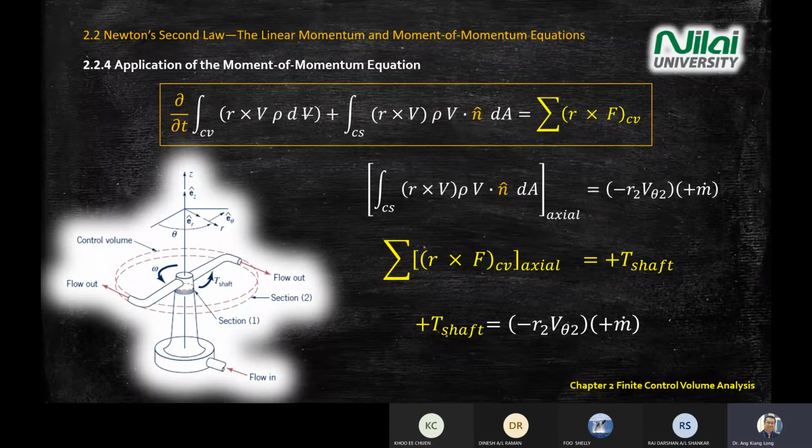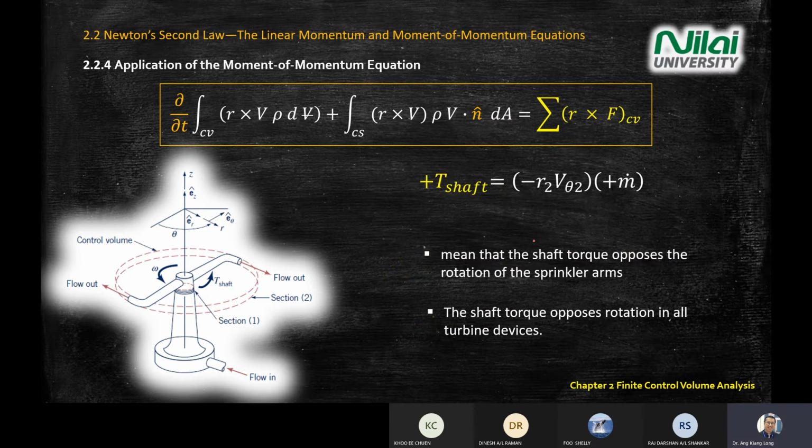We get T shaft equal to minus R V times m dot. One is negative, one is positive. I just explained the positive and negative sign just now. If you're not clear, listen back to the previous lecture. Listen back to this video again, go back maybe 5 minutes to hear what I explained just now.